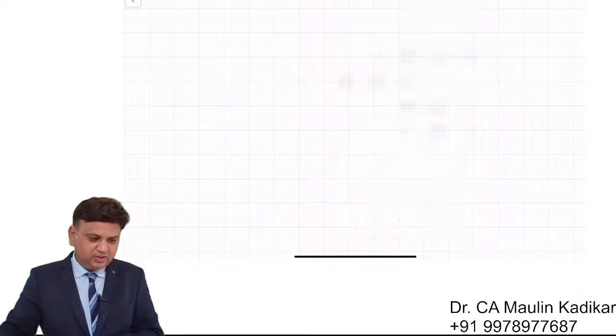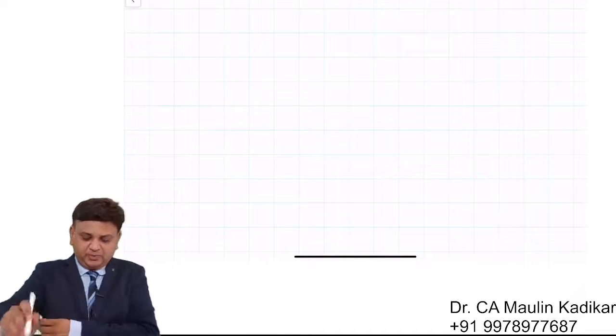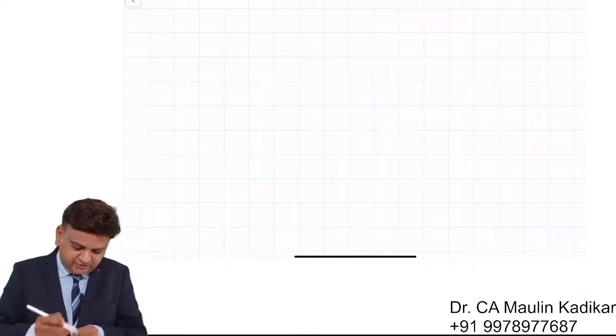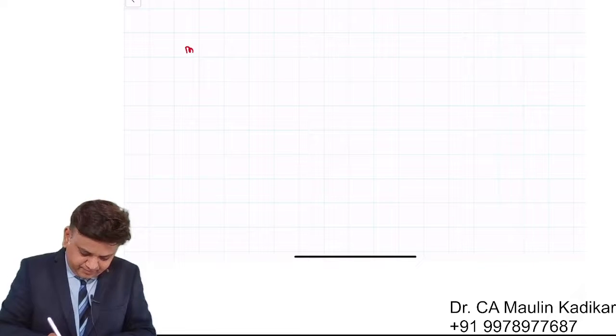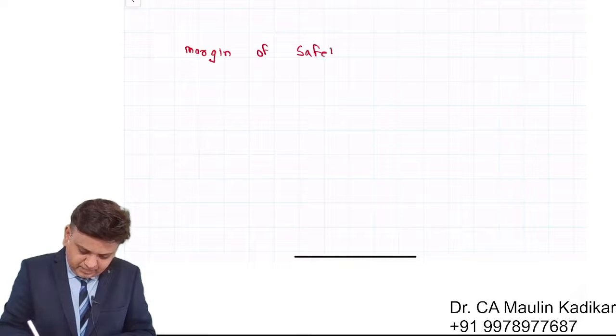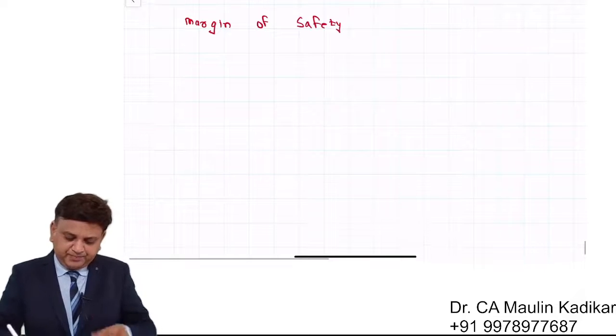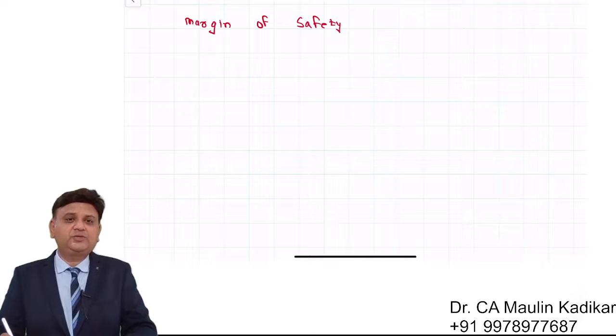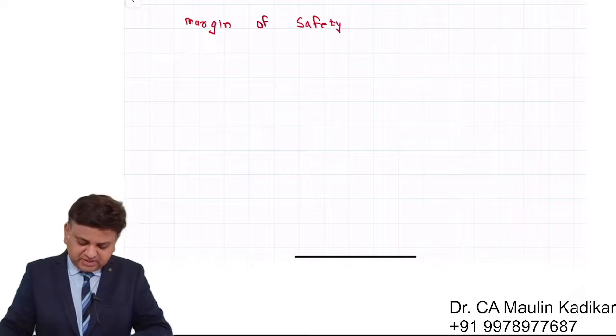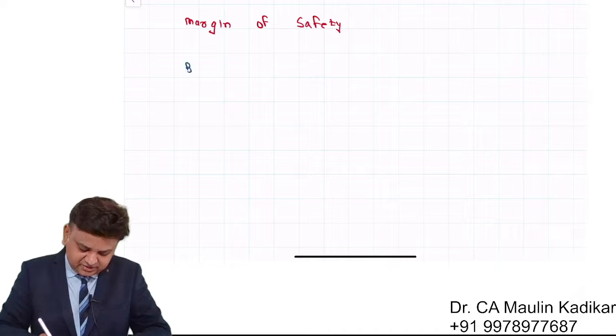Dear students, over here in this question there is a new point provided to us, margin of safety. I will give you a small explanation with respect to the margin of safety. Margin of safety is a point which you study in much detail in your costing. It is connected to the break-even sales.